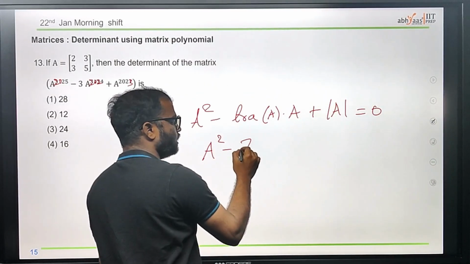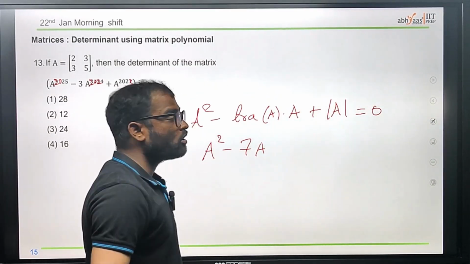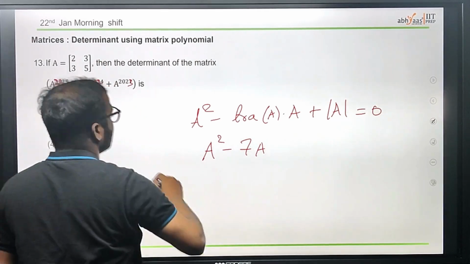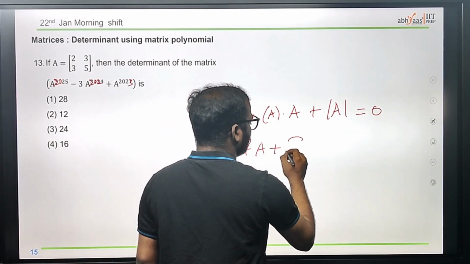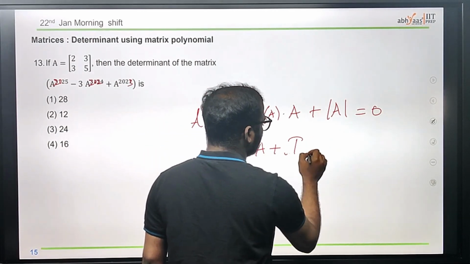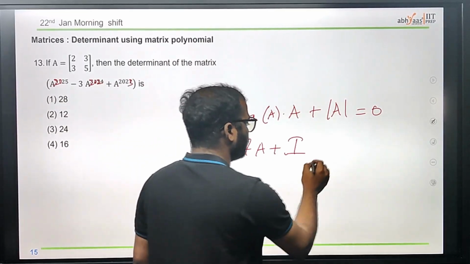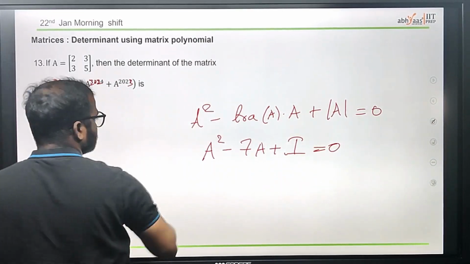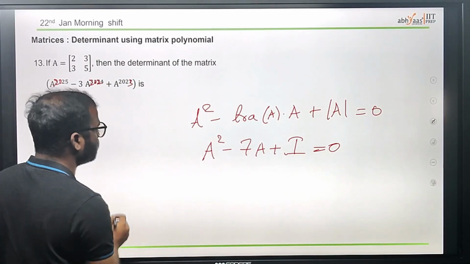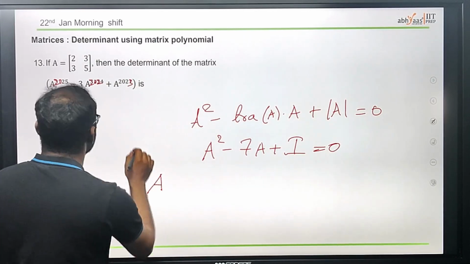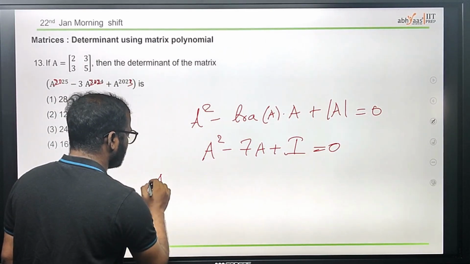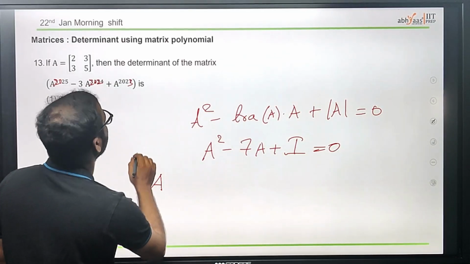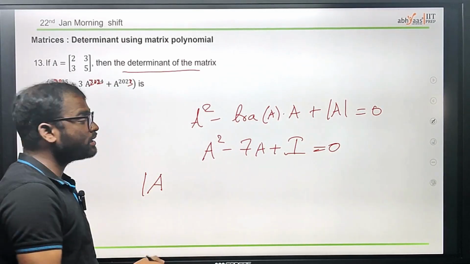We have 7a. Now the determinant of this one will be 10 minus 9, that will be our identity matrix. Now we need to substitute those values in this. Now we need to find the determinant of the matrix of this one.